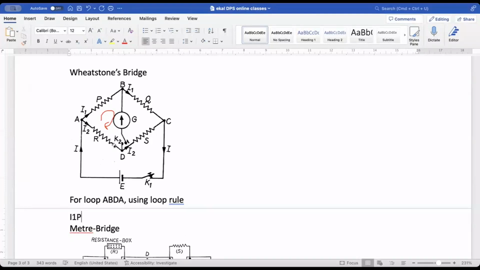Now, as we can see, I2 is moving against the direction of the loop, so we'll take minus over here, minus I2R, right? This equals 0. Or we may say I1P is equal to I2R.